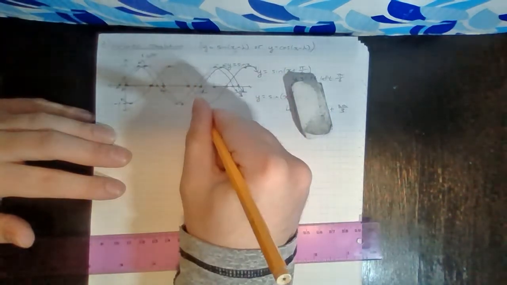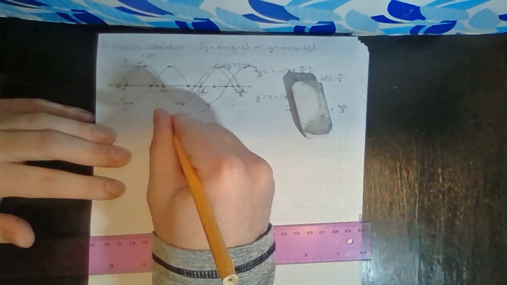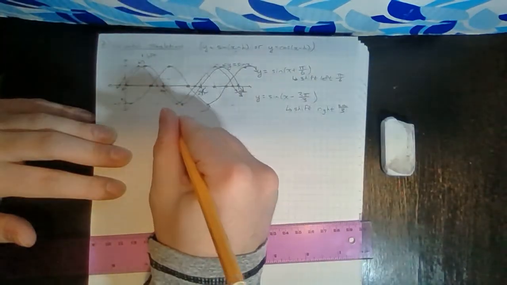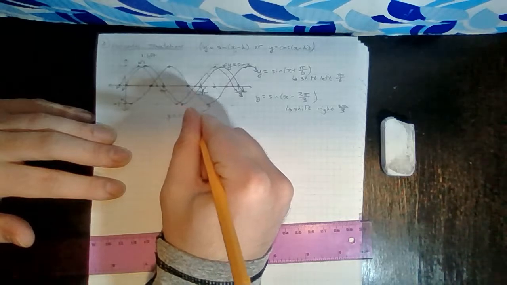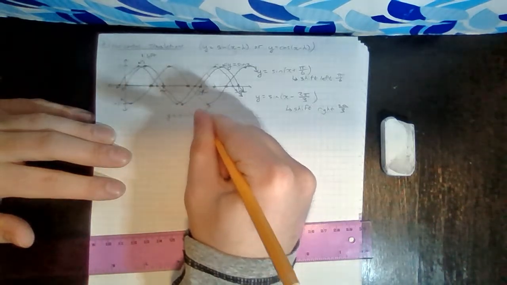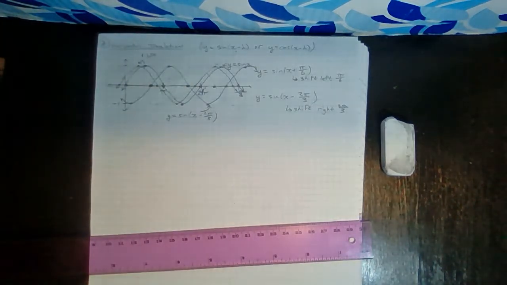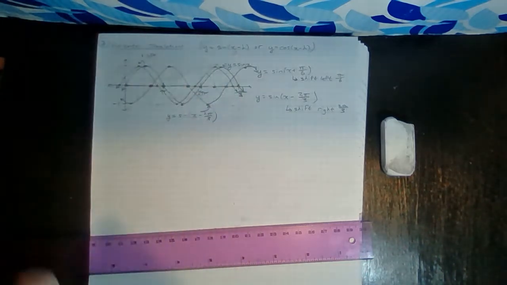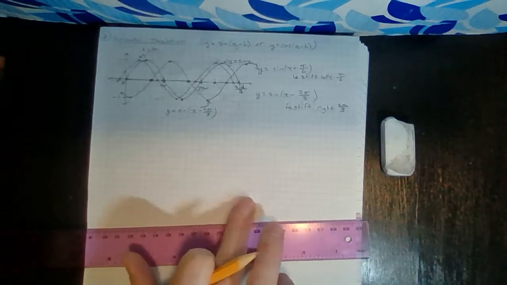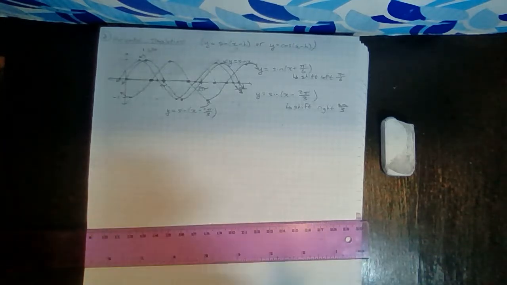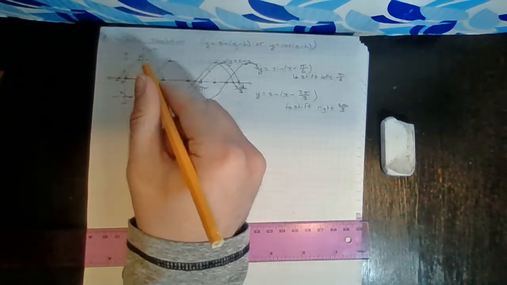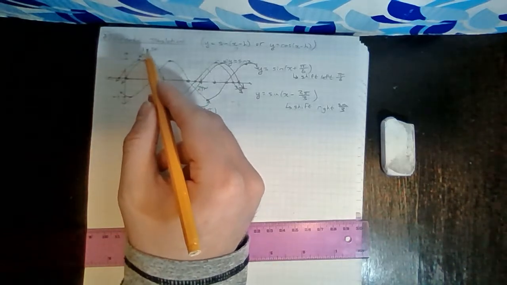And this is going to be our function sine of x minus 2 pi over 3. So as we can see, I'd already written in this from before.